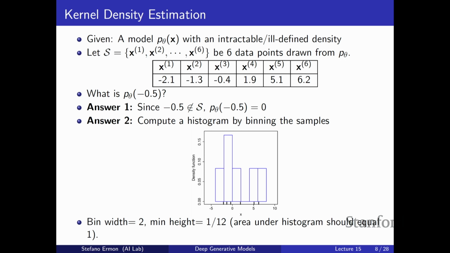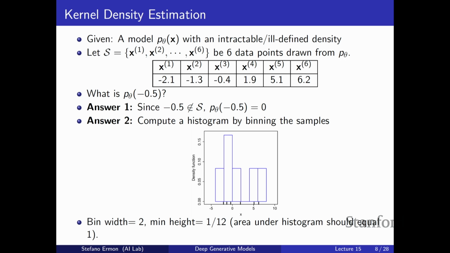Because we have two data points landing between -2 and 2, we assign a little bit higher probability to that region, and you can see the shape of this histogram is related to where we're seeing the samples that we have access to.